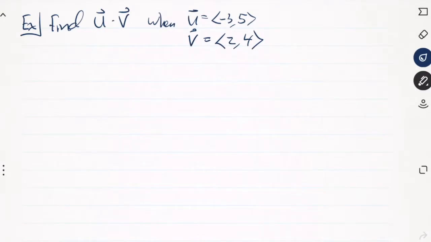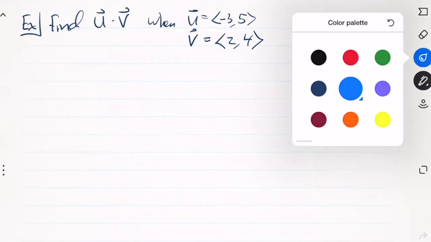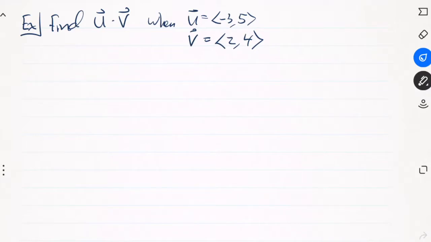So let's say we want to just figure out how to find the dot product. So here I have, find u dot v, u1 v1 plus u2 v2. So basically it's the product of the first components plus the product of the second components.